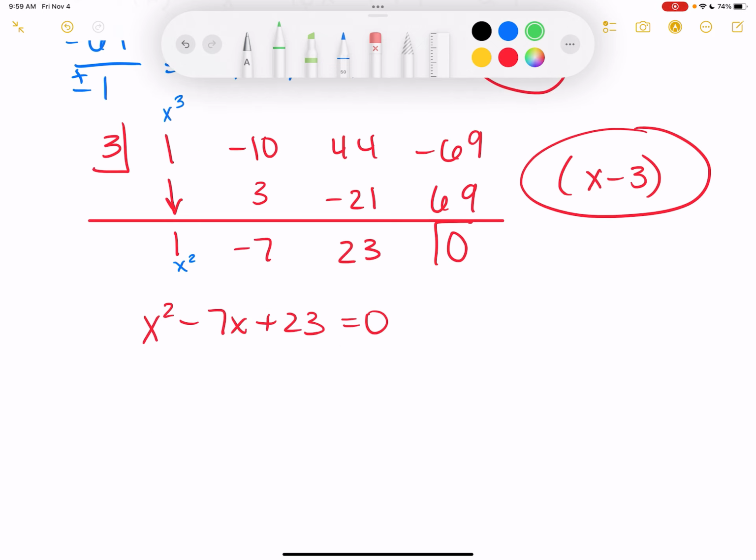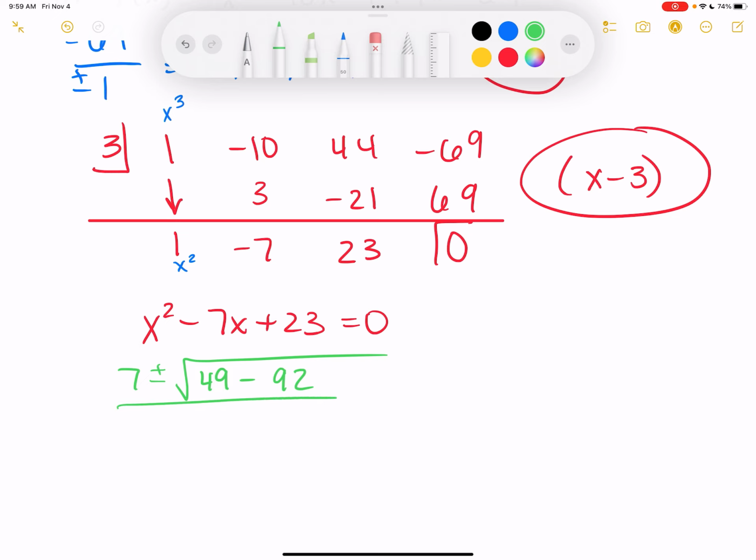So, negative b, so that's negative negative 7, so 7, plus or minus the square root of b squared, so that's 49, minus 4 times a times c, so that's 4 times 23, which is 92. That seems valid.